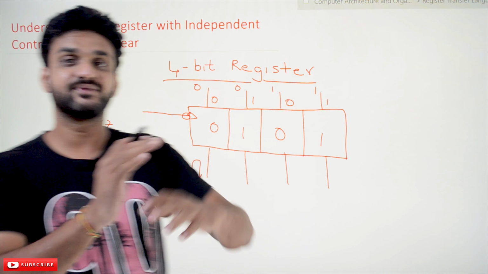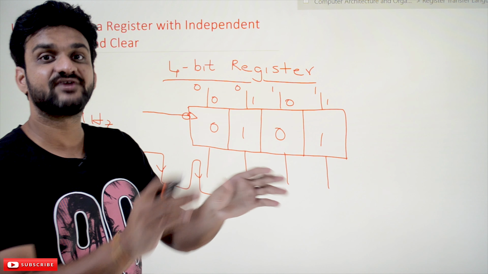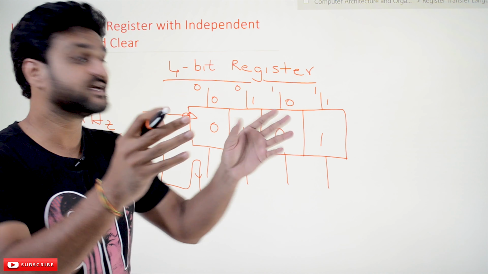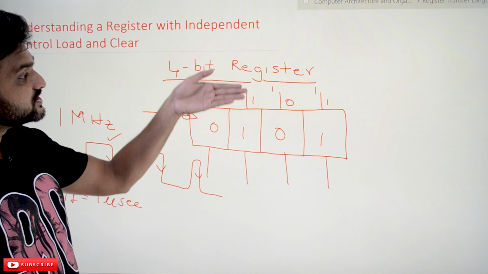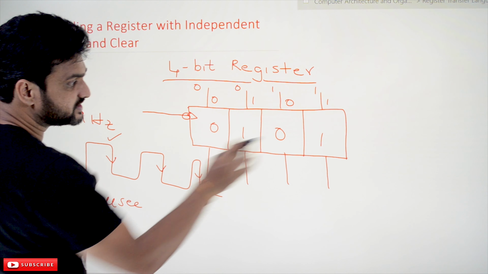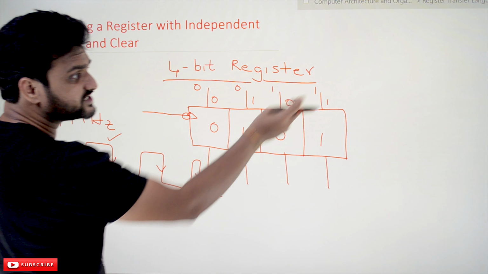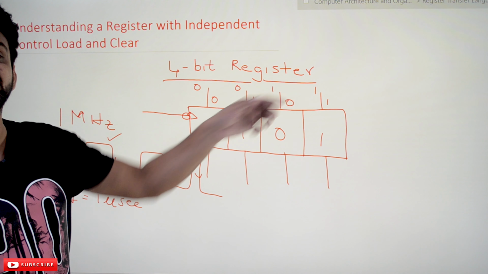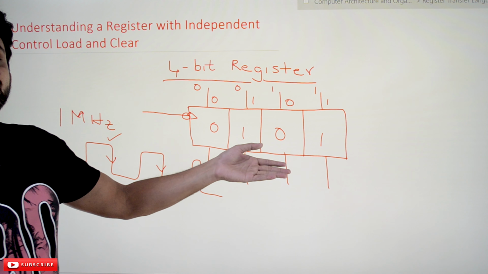I am doing some calculations and I want this value to be held for a certain amount of time. Later I am going to use this value. If in the next clock cycle the new value comes in, the decimal value 5 will get changed to 3, since 0, 0, 1, 1 means it is 3.